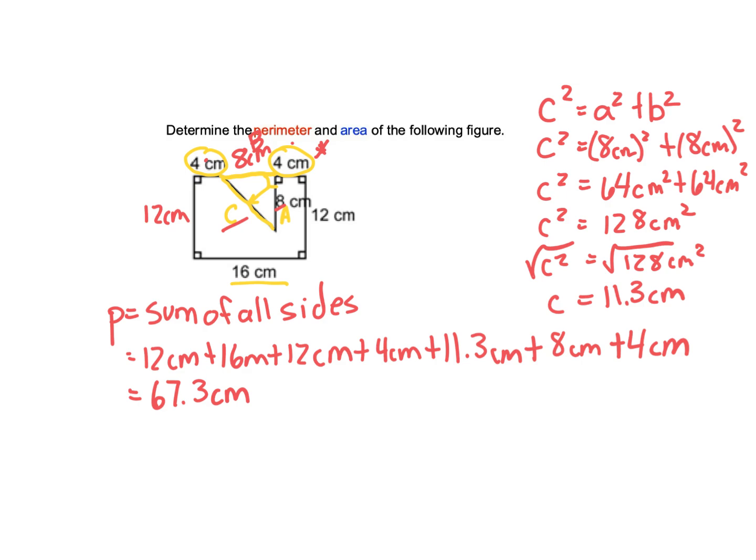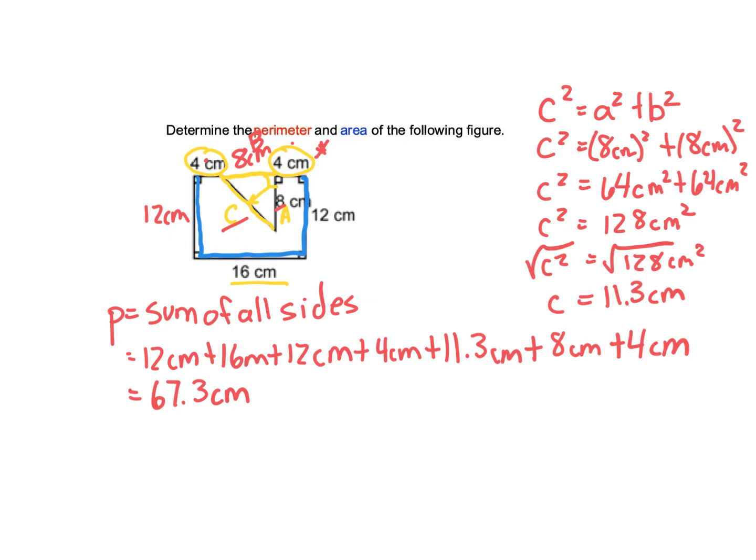Again, I looked at this for quite a while trying to figure out how I would do it, and then I realized I could find this rectangle that is 12 by 16, and then subtract out this triangle in the middle.